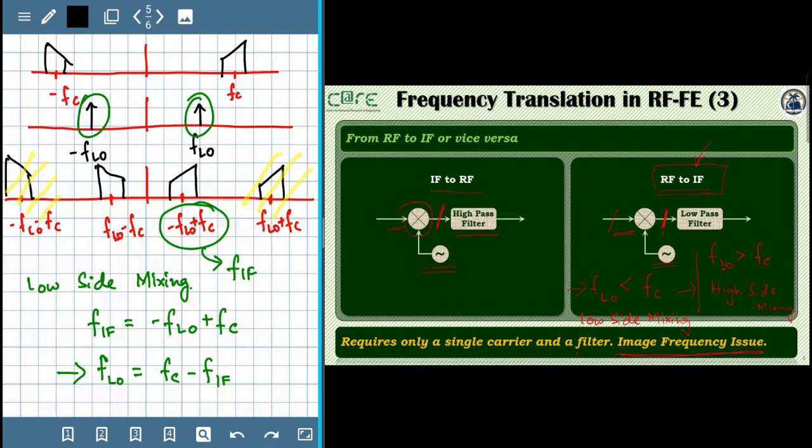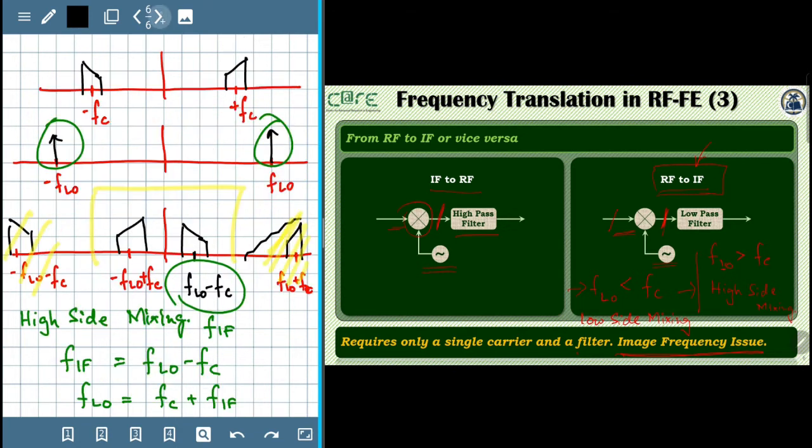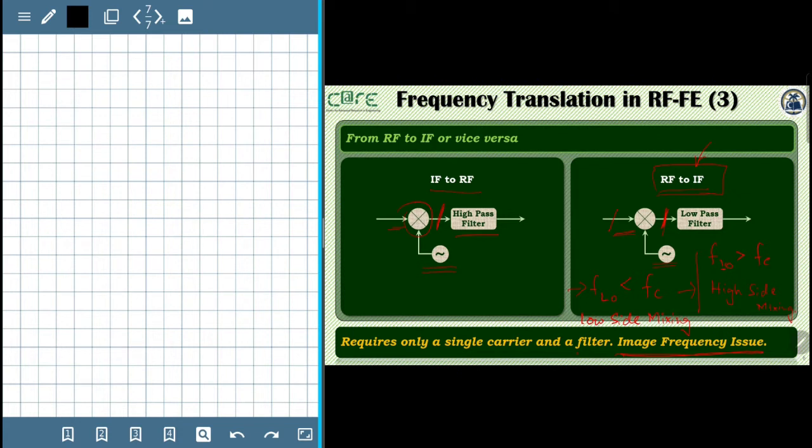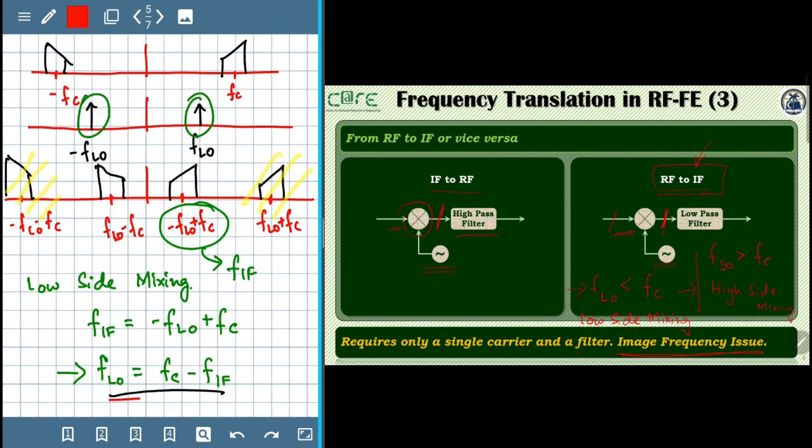To understand why this happens, let us look at more details by just focusing on this equation. For low side mixing, we have FC is equal to FLO plus FIF. So we are considering first the case of low side mixing, and we see that in this case FC is equal to FLO plus FIF, and this is basically from this equation here.